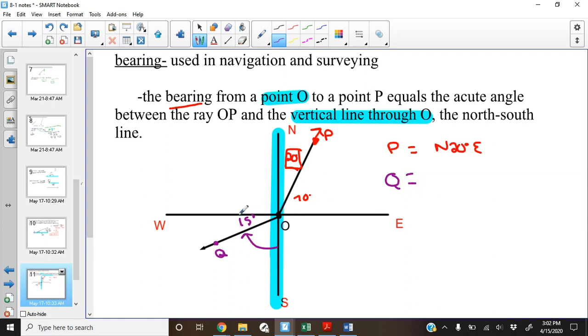Now this time we went to the left, which is west. So we are 75 degrees west of, well, we had been south. So we are 75 degrees west of south.